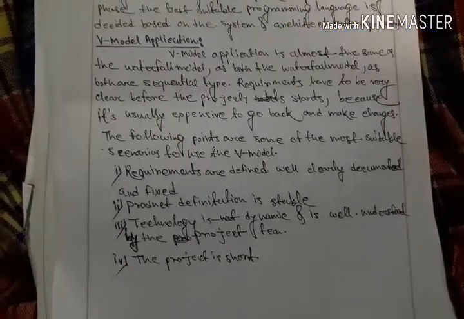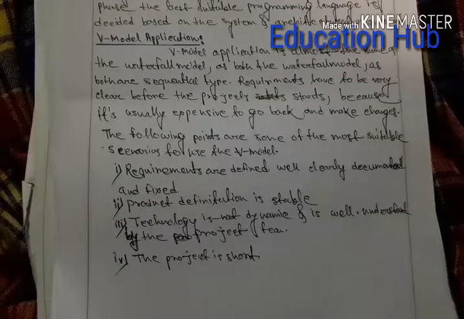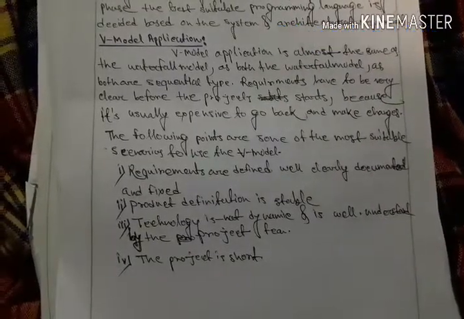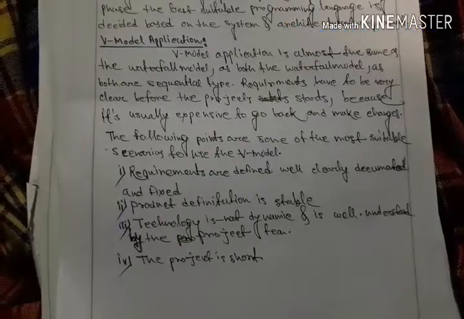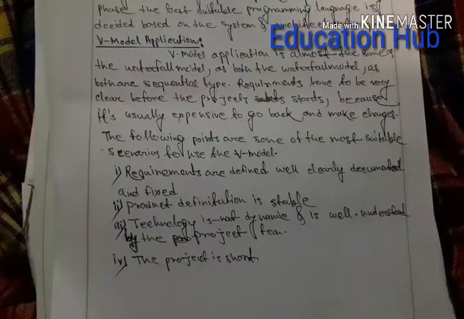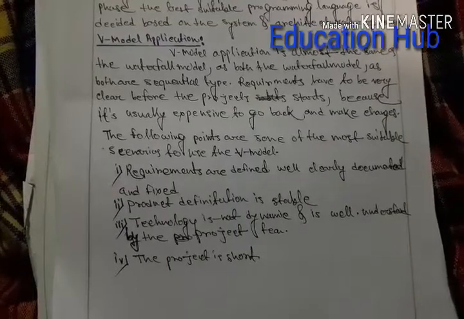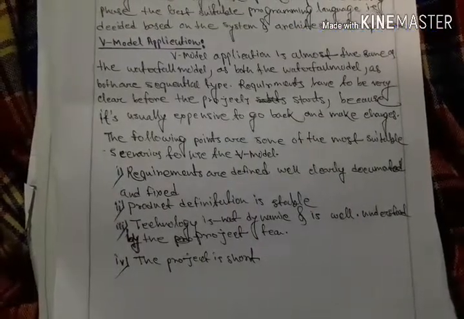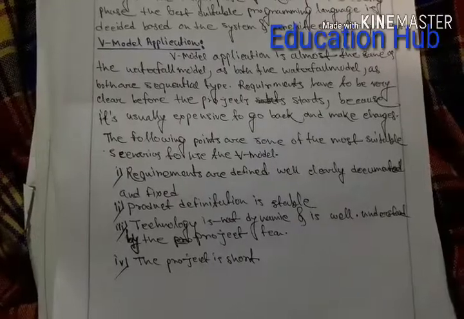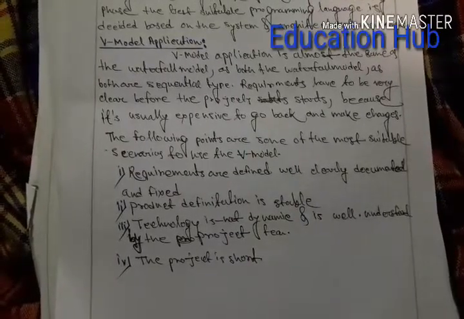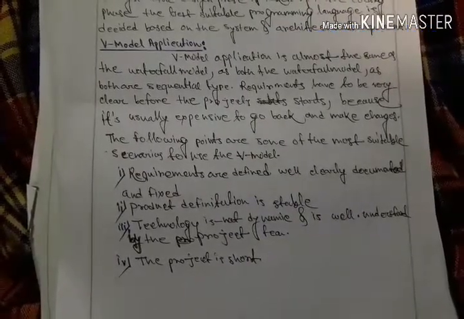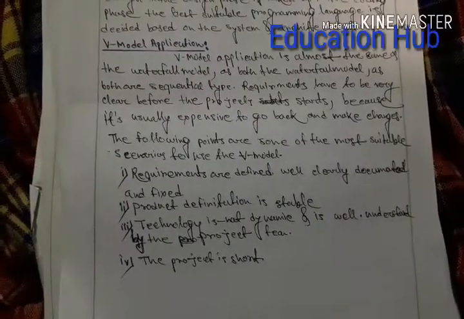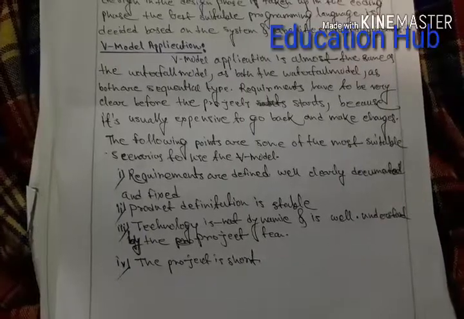So, according to that, the V model suits applications where the requirements are defined and well cleared. The product definition must be stable. The technology is not dynamic, and it must be well understood by the system team.